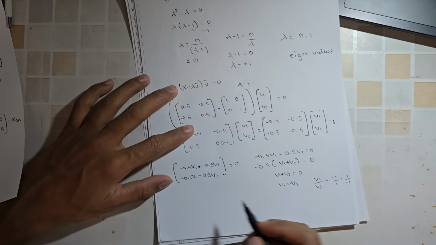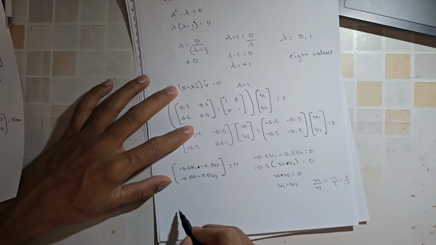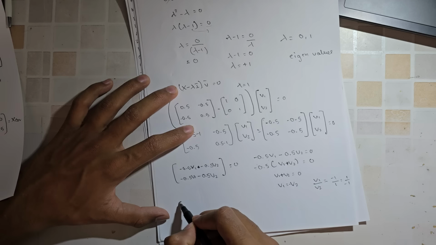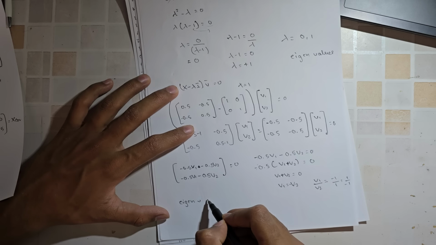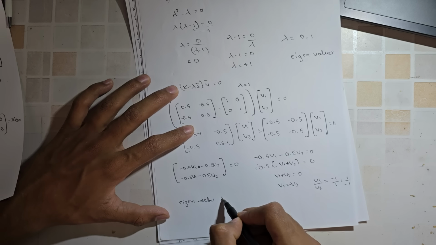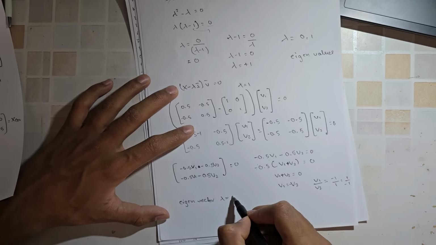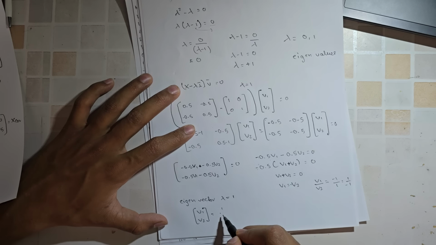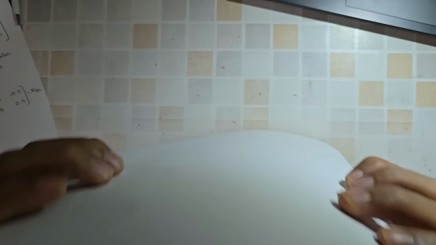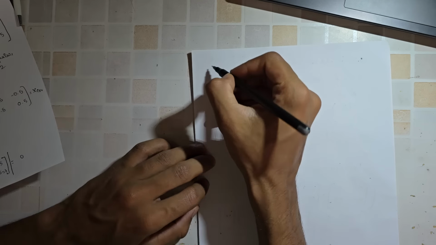So now you can say the eigenvector for eigenvalue lambda is equals to 1 is v1 v2 is equals to 1, minus 1. Similarly, you have to do the same now, taking lambda is equals to 0.